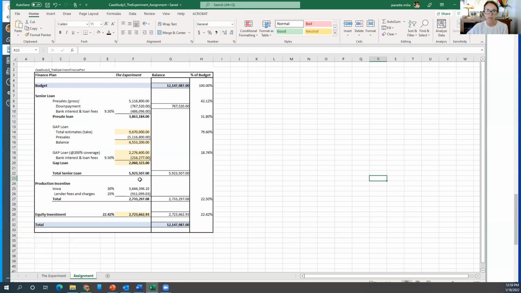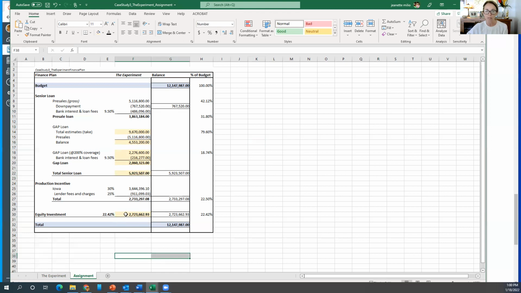So the total senior loan is also higher because it's now $5,923,507 instead of before $5,697,257. So here we see the senior loan has increased. As a result, we need less equity. So our equity is now less.